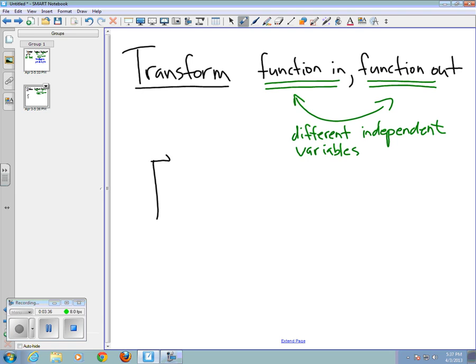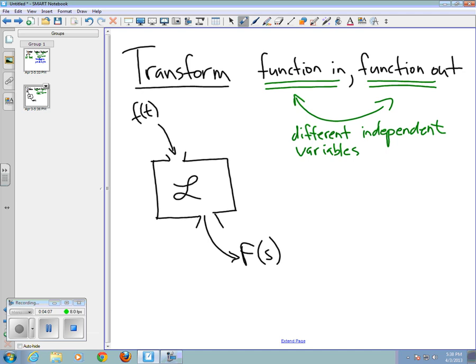We just want to think of it for now as a black box. We'll learn later what goes on inside the box. The name of that box is going to be a script capital L. And what we're going to do is put into it a function of time. So there'll be some f of t that goes in, so the independent variable is t. The symbolism we're going to use for what comes out is capital F. So little f will become capital F, and the independent variable will become s.